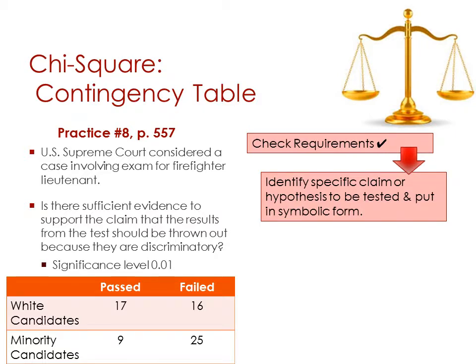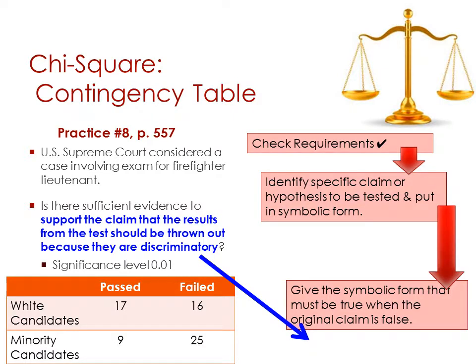Well, we're going to look at the claims and hypotheses that we're testing and put them in symbolic form. So again, I like to start down here figuring out my alternative hypothesis first, because that's pulling from the claim you're given in your description. Here in my alternative, we're stating that the results from the test should be thrown out because they are discriminatory.